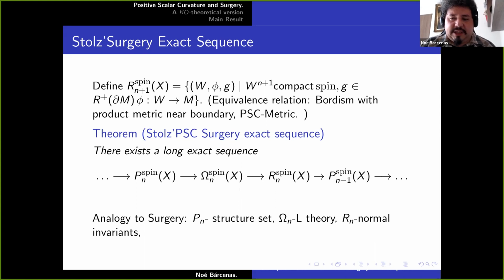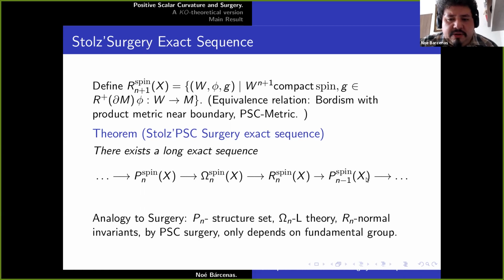But still, this sequence is exact, and the crucial difference also to surgery theory is that here things are groups in this surgery exact sequence.